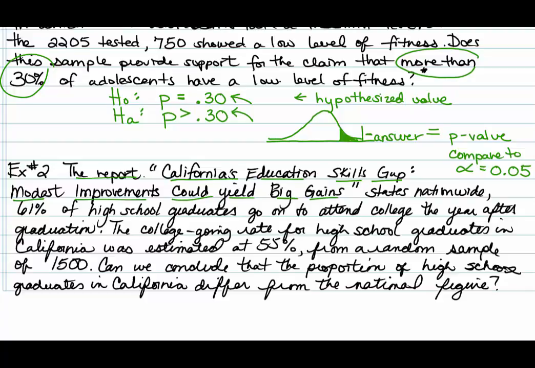I'm going to start on the next page and put my null hypothesis and set up my alternative hypothesis. And I'm trying to estimate the population. So when I look at something like this, what do I think is representing the population of all? I would say nationwide, 61% of high school graduates go on to attend college.